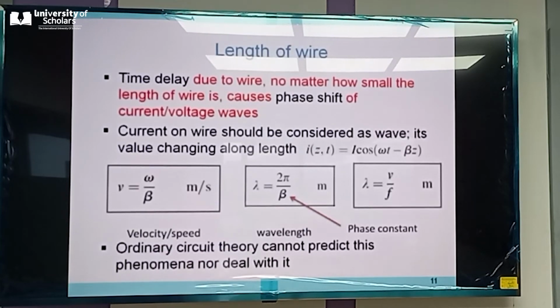That is, if you take the direction of the wire along which you have connected as the z-axis, then the voltage at any point on the wire would actually be a delayed version compared to the voltage at the beginning.